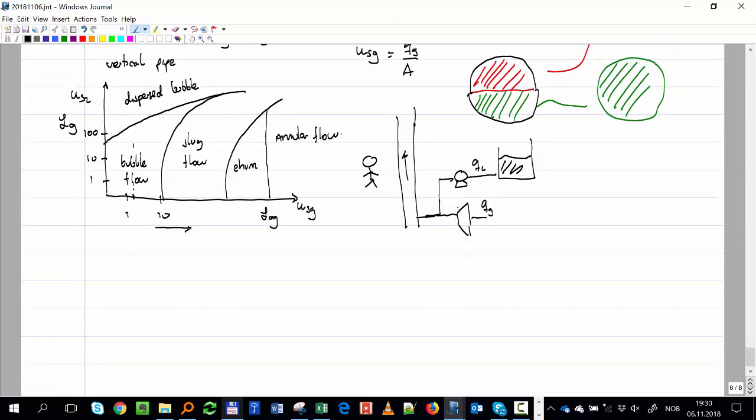However, there is one limitation. This flow pattern map also depends not only on USL and USG. People tried different systems: oil, water, big pipe, small pipe, and they saw that it also depends on the pipe diameter, on the inclination, and on the fluid properties.